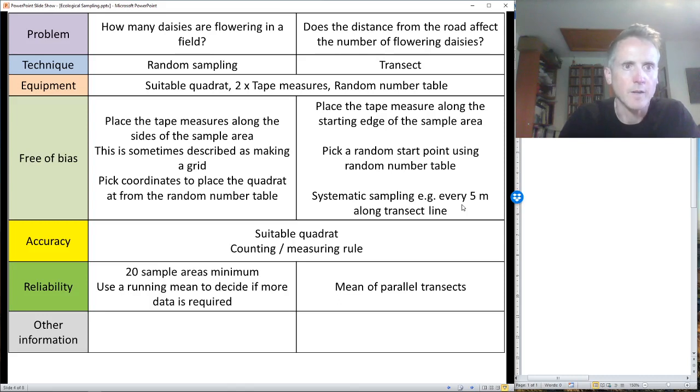Other information. The problem for the daisies is how many daisies are flowering in a field. And people tend to say about placing the quadrat, they count the number in the quadrat, then the better ones go on to say, then repeat that sampling process in 20 more different areas, or 19 more different areas, and then calculate a mean, and then they stop.